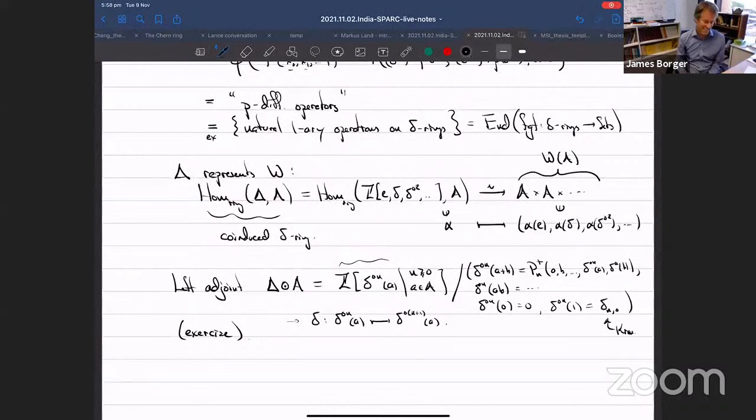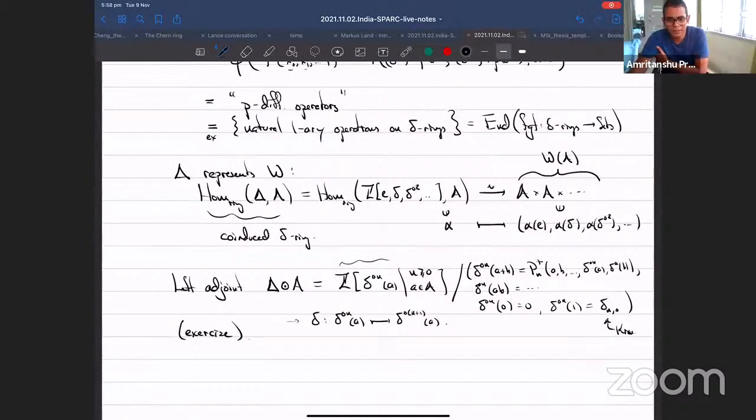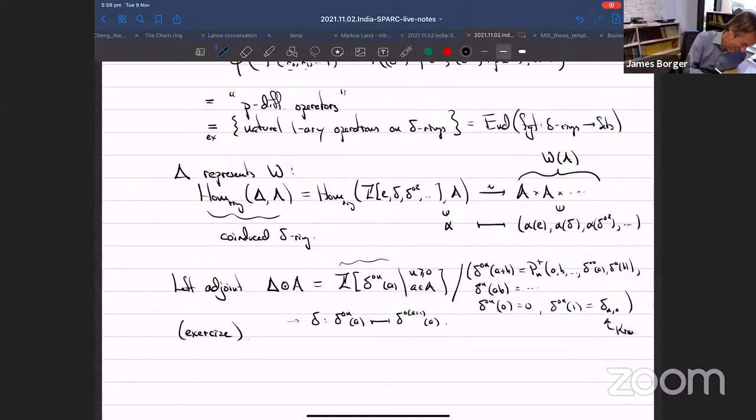Okay, are there any questions? Sorry, what was the exercise? I didn't quite catch it. The exercise is to show that the left adjoint, this construction, has a delta structure defined by this.